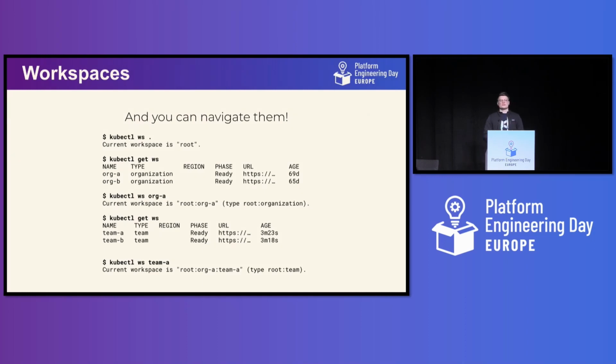And because workspaces are organized in this tree structure, they share a lot of similarities to what you all know as a file system. So basically, with a little kubectl plugin that we support from KCP, you can use kubectl and you can navigate your workspace tree.